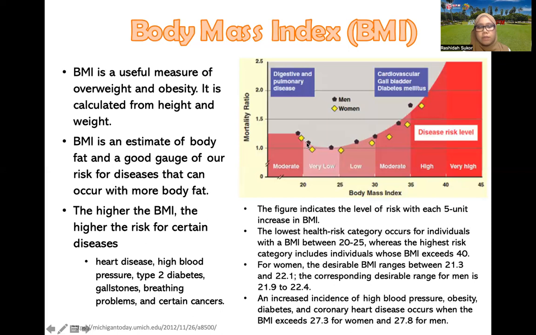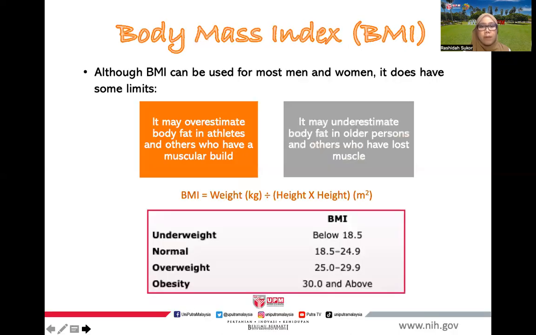Increased incidence of high blood pressure, obesity, diabetes, and coronary heart disease will occur when the BMI exceeds 27.3 for women, somewhere here, and for men 27.8. You can go to this University of Michigan website to read further about this diagram.